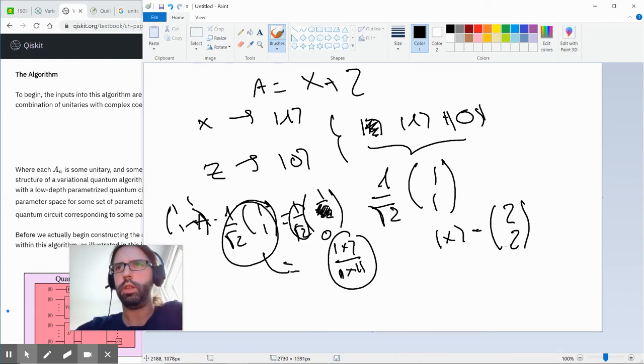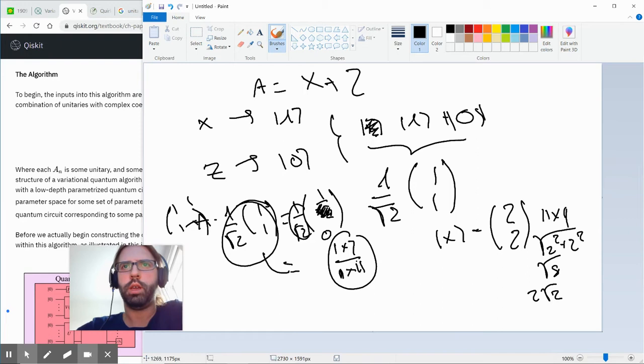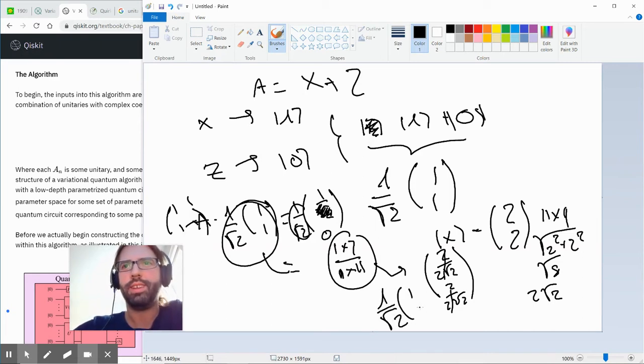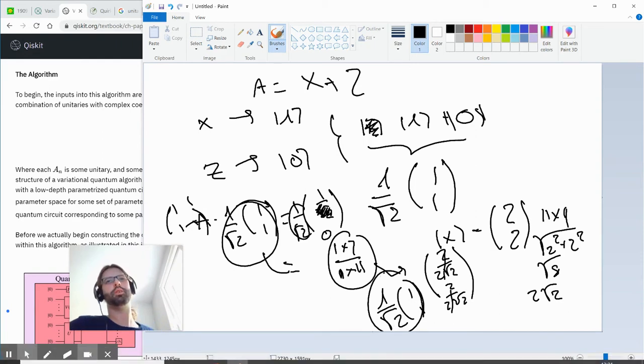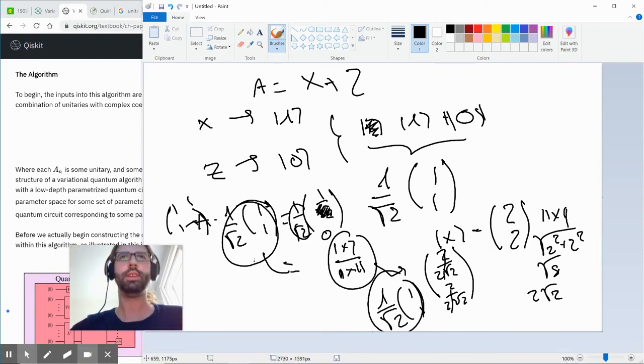So the norm of these is the square root of 2 squared plus 2 squared, which is the square root of 8, which is 2 square root of 2. And so this is 2 divided by 2 square root of 2, 2 divided by 2 square root of 2. The 2's cancel out, and I get exactly what I found. So that is correct. That matches.